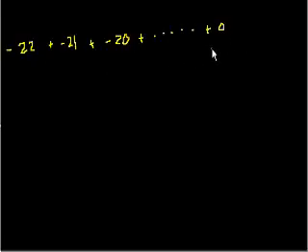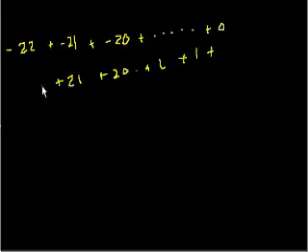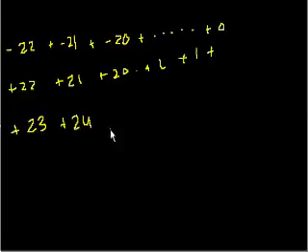Then you can say plus 1 plus 2, and you keep going, and then you'd have plus 20 plus 21 plus 22 plus 23 plus 24, all the way until we get to x, right?